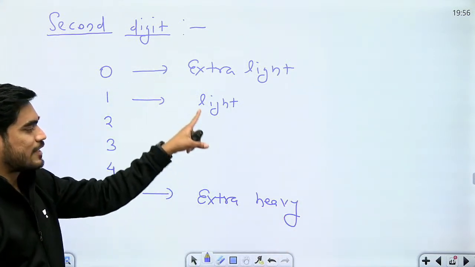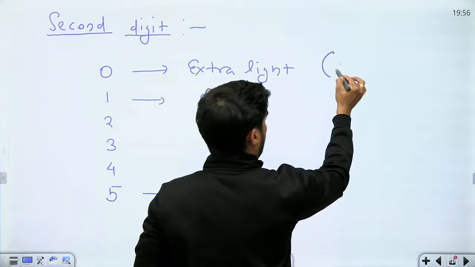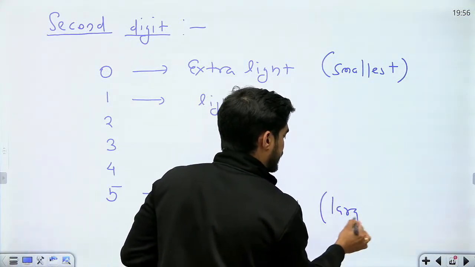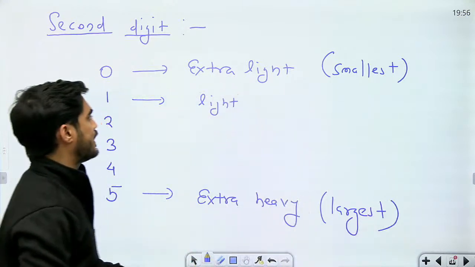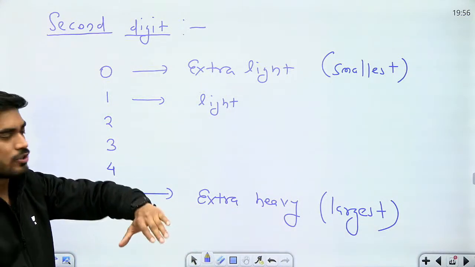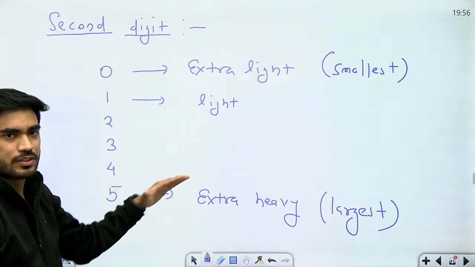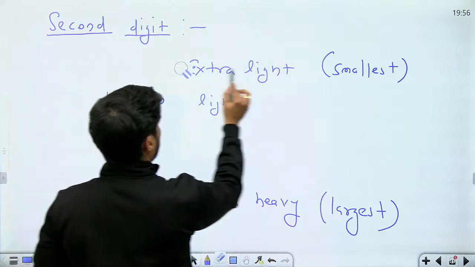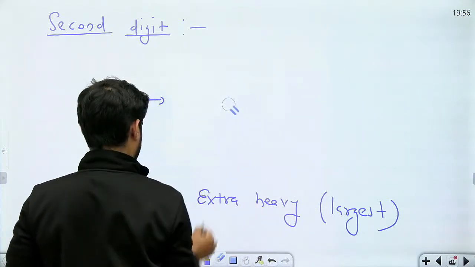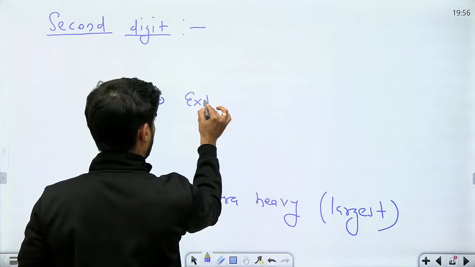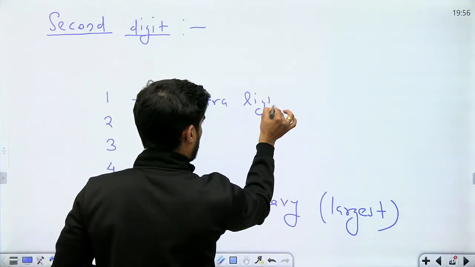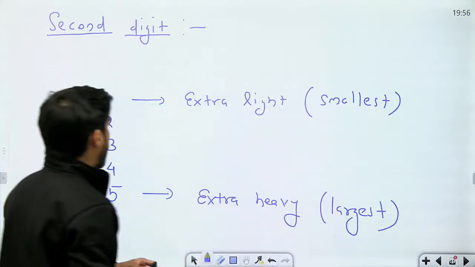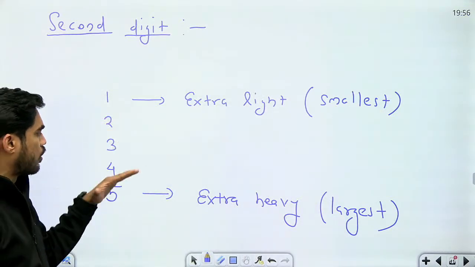Okay, so based on the smallest size to the largest size, we have divided the entire charts into these categories. 0, 1, 2, 3, 4, 5. Sorry, not 0 exactly, I don't think there is 0. So beta, you have this 1, 2, 3, 4, 5 series.